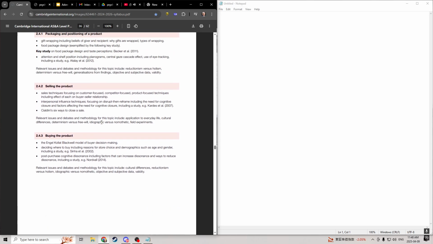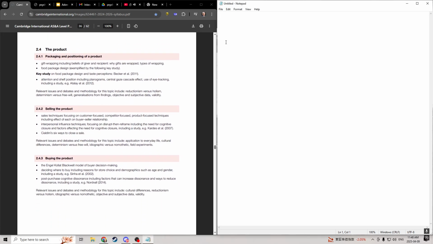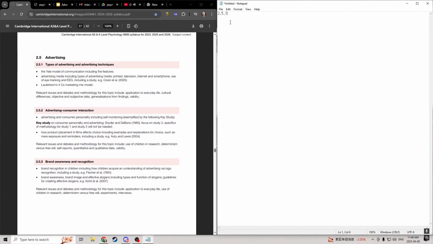Alright. So, 2.5.1 is what I meant to be doing. I scrolled up by accident. There you go, 2.5.1, types of advertising and advertising techniques.